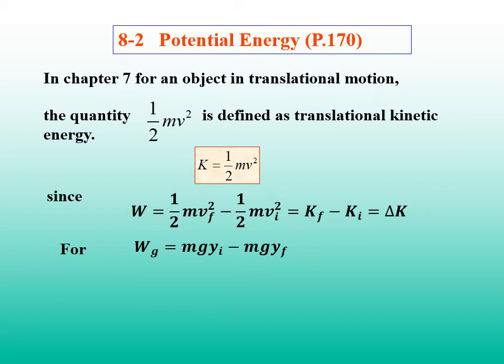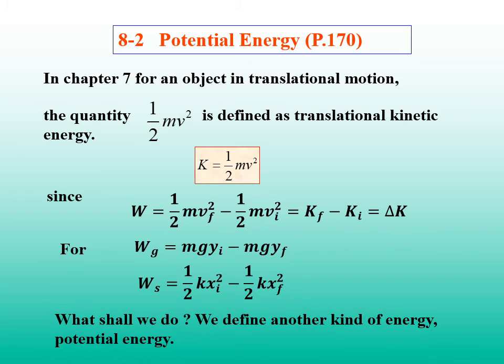Now, for a gravitational force, the work W_g equals mg y initial minus mg y final. For a spring, W_s equals 1/2 kx initial squared minus 1/2 kx final squared.